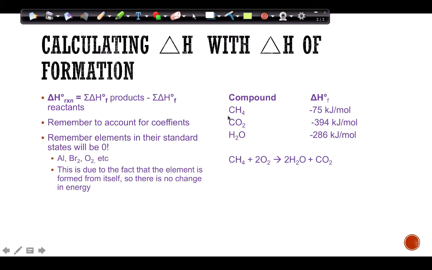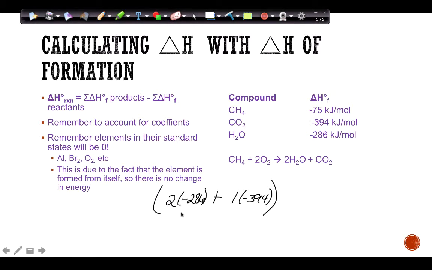All right, so what we're going to do, we're going to do the sum of the products and the sum of the reactants. So we have CH4, or actually let's do, because it's products minus reactants, let's do the products first. So let's do water. So water is, I've got 2 of those, and then it releases 286 joules when I form water. All right, so CO2, I've just got 1 of those, so negative 394.